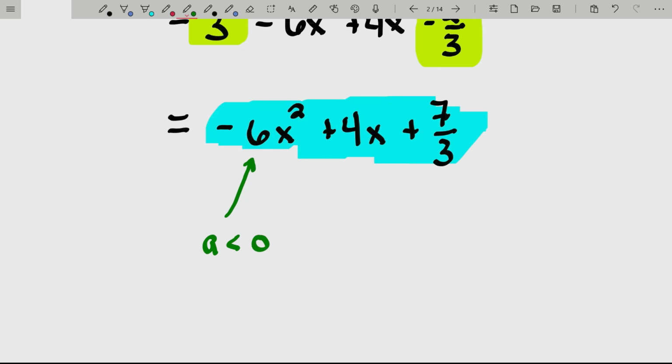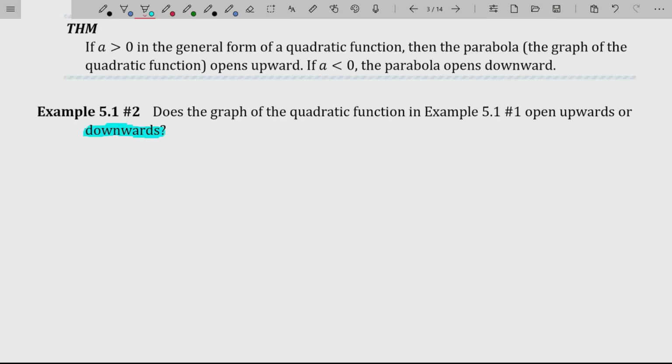So if we were to graph this, the parabola that represents this quadratic function would open downward. And so that's the answer to that question. Rather than writing it, I just highlighted it there, but you get the idea. So whenever you're handed a quadratic function, you look at that lead coefficient. If it's positive, the parabola, that is the graph of that quadratic function, opens up. If it's negative, it opens down.